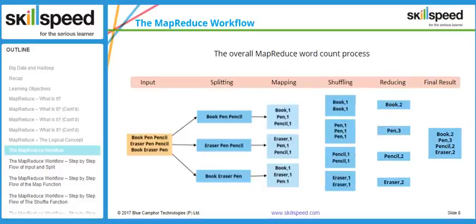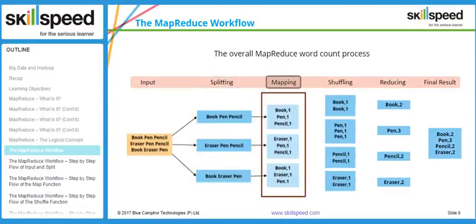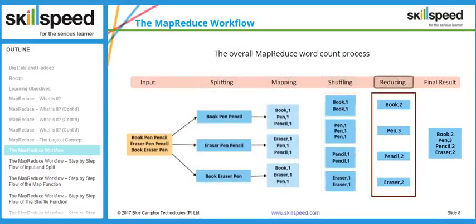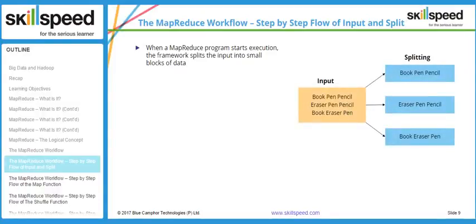Now let's see what the different phases are in this example. As I have explained before, the first phase is splitting, second is mapping, then shuffling, and last reducing. Let's explore this step by step. The first phase is called the splitting phase. Ideally your data will be divided and stored in different data nodes. In this case, you can see that every line of my input file has been stored in a different data node.